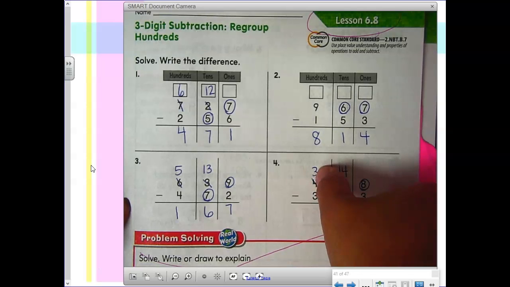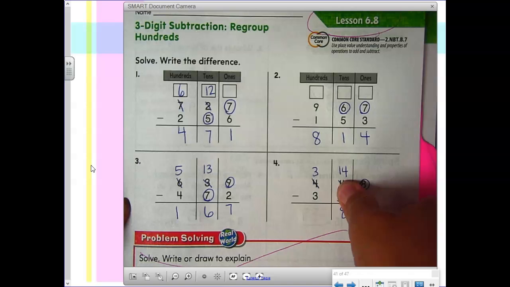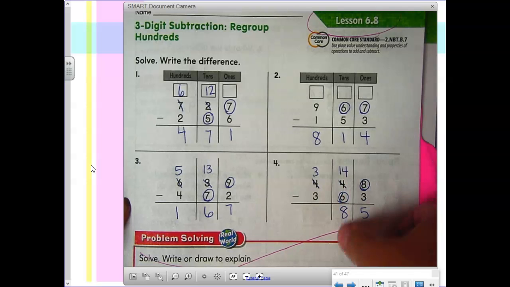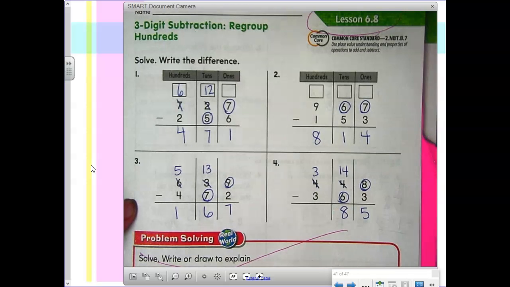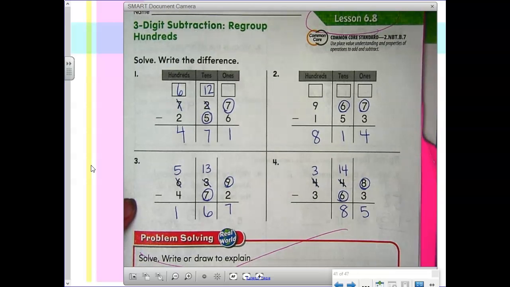I have 3 now. I add those 10 back. 4 plus 10 is 14. 14 minus 6 equals 8. And then in my hundreds place, 3 minus 3 leaves me 0. And I don't have to put a 0 in that spot. My answer is 85.